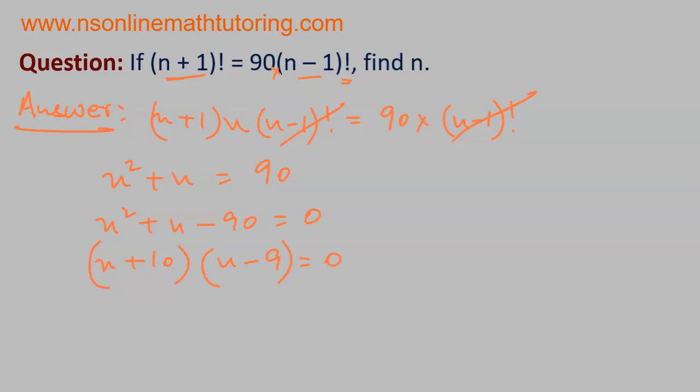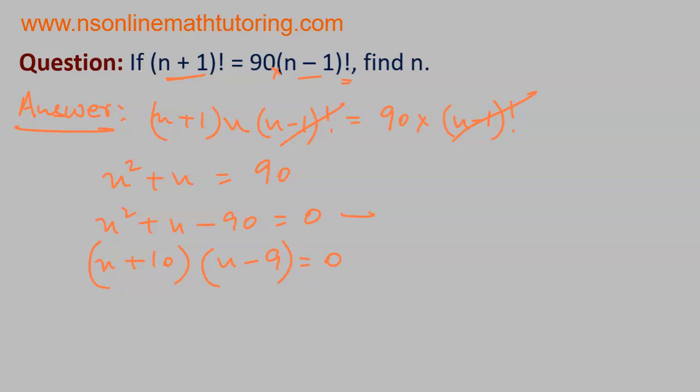I have used the Middleton splitting method to factorize this quadratic equation. And in case you do not know right now, I am not having any video on Middleton splitting factorization technique, but of course I'll be taking up the quadratics chapter as well, and over there I'll be showing you how to get the Middleton splitting factorization.